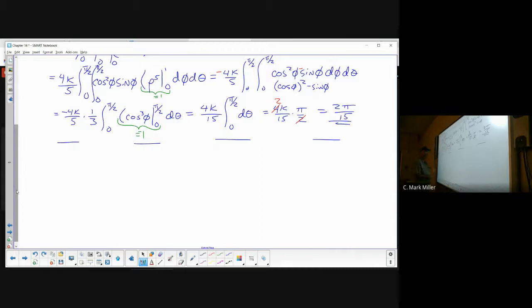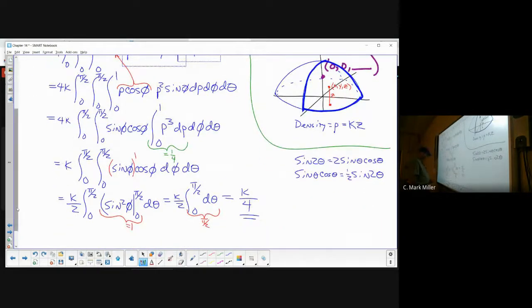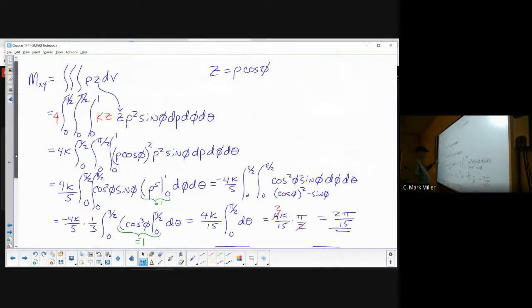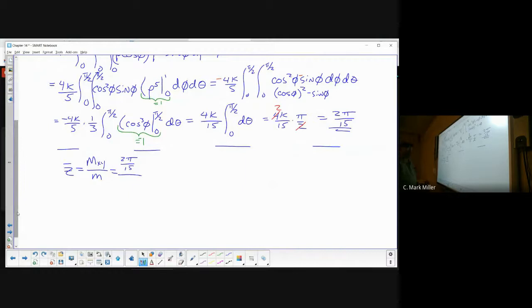We know that x bar and y bar are 0. Z bar is mxy divided by m, the mass. That is 2 pi over 15 divided by what we got up here, k over 4. Oh, we dropped a k here.